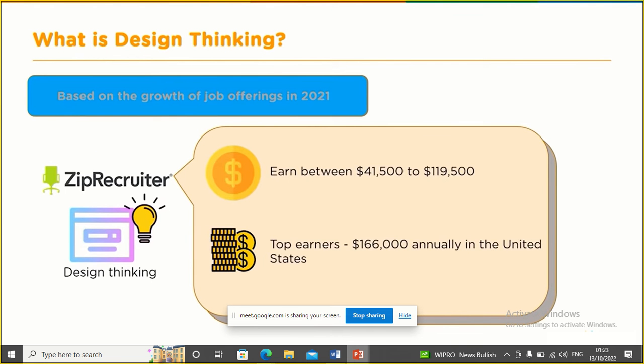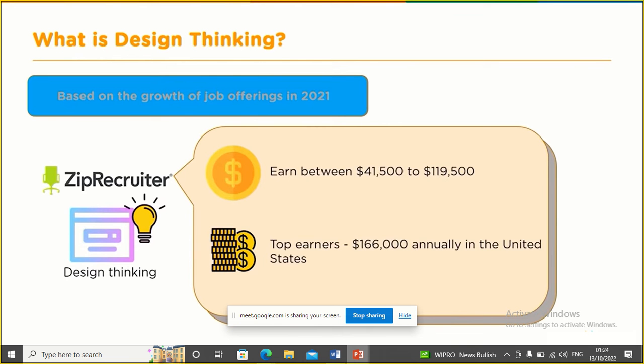According to Zip Recruiter, design thinking professionals earn between $41,500 and $1,19,500, and top earners in design thinking earn $1,66,000 annually in the United States.